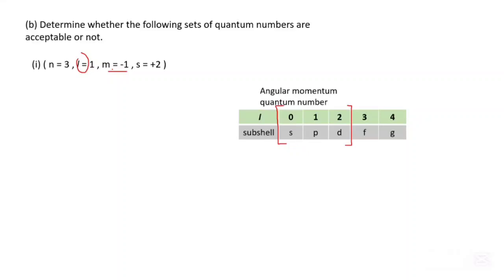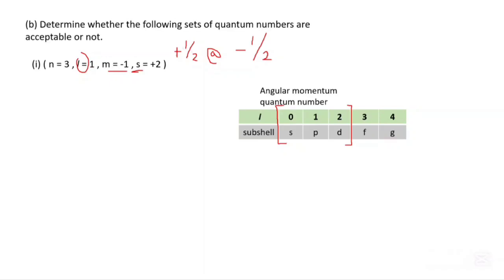If the angular momentum quantum number is 1, then m will be negative 1, 0 and positive 1. And s represents the electron spin quantum number. For s, we have only 2 values, which are positive half and negative half. These are the 2 values we can write for the electron spin quantum number.